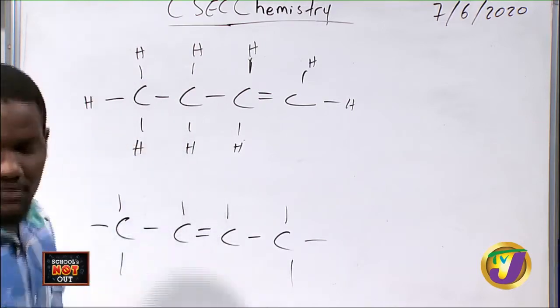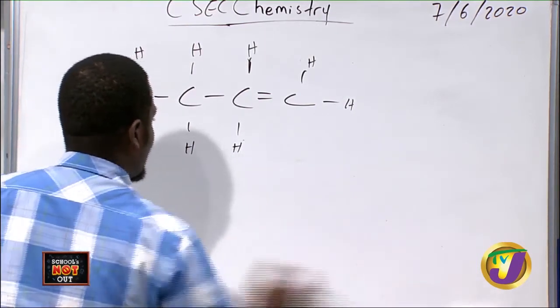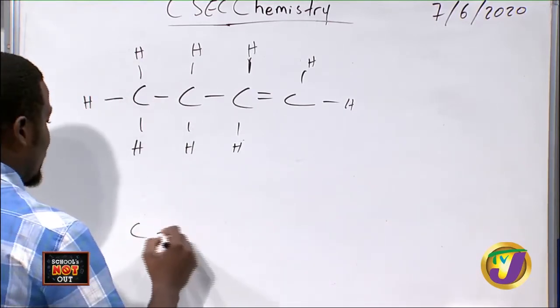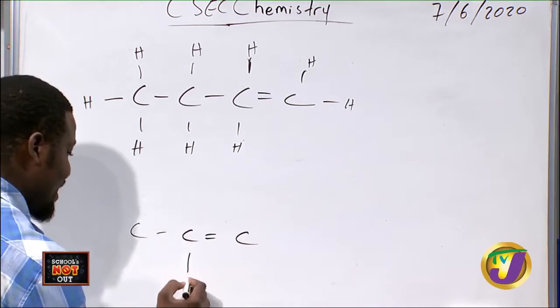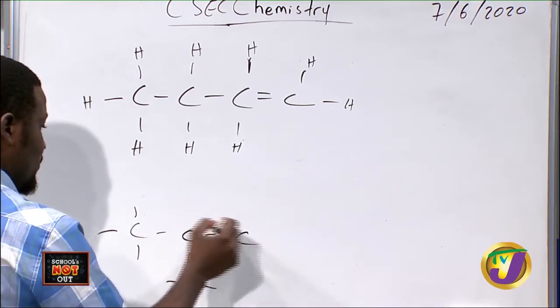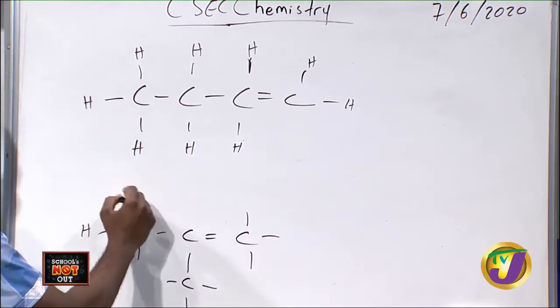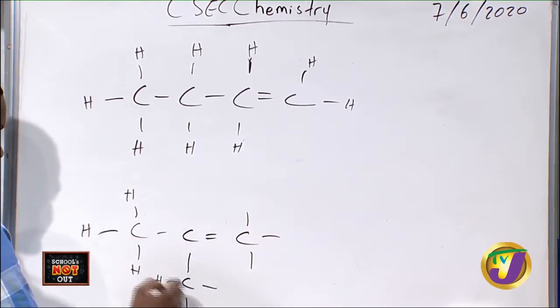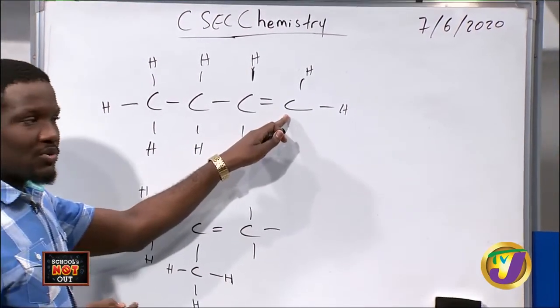So let me erase this off the board. So let's go again. 1, 2, 3. And if we put a side branch there, this is also an isomer. But if you realize this time, I did not move the functional group from carbon 1.